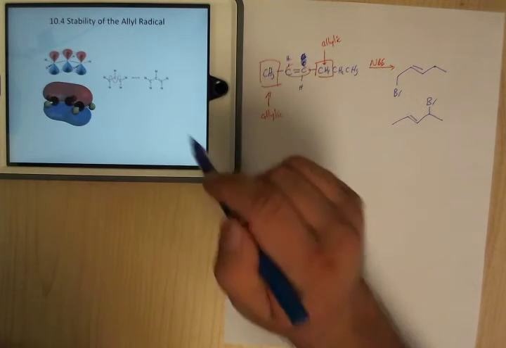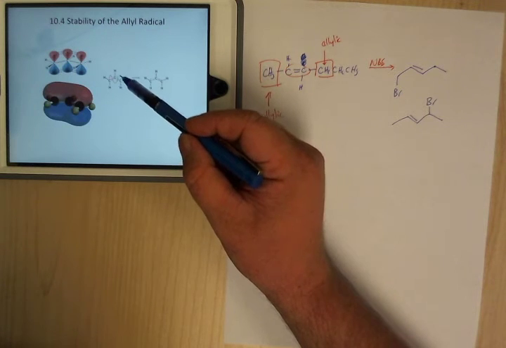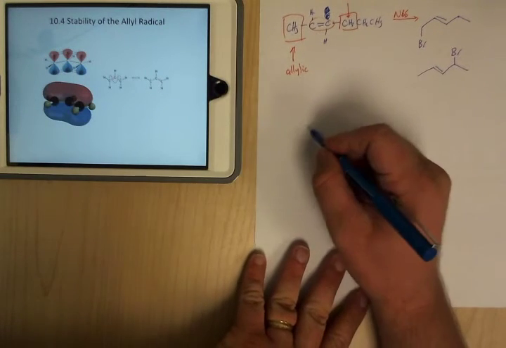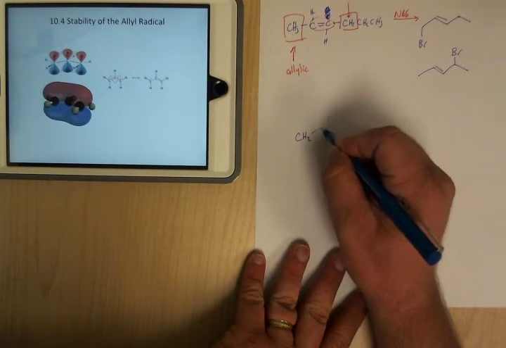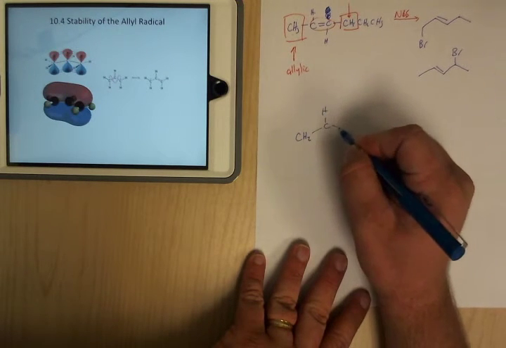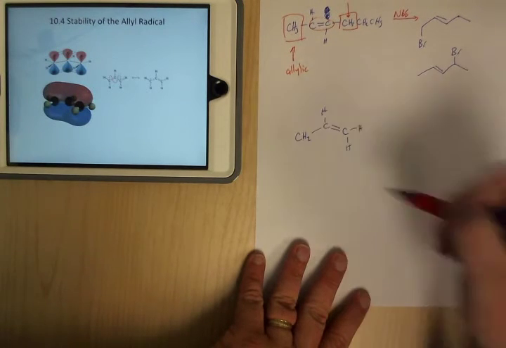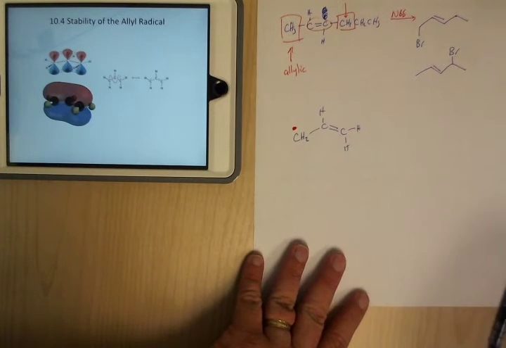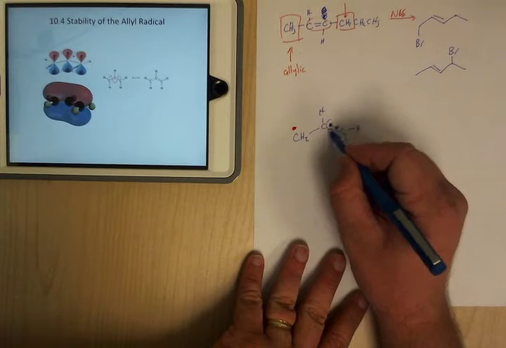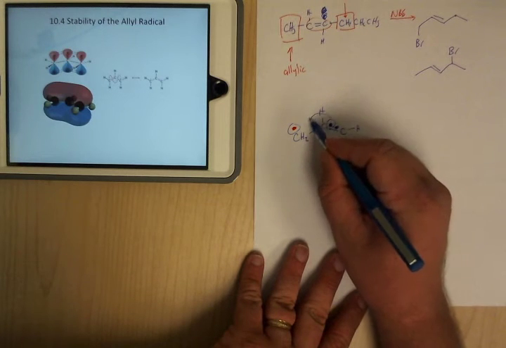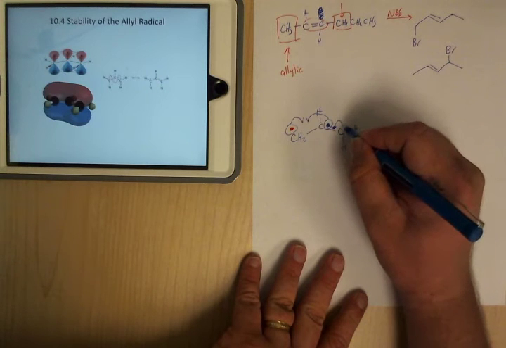Okay, so the reason why this happens is you can get resonance stabilization. So if you have a radical here, remember these pi electrons, it can take this one and combine them together to make a double bond, and then this one has to go somewhere, so it ends up there.